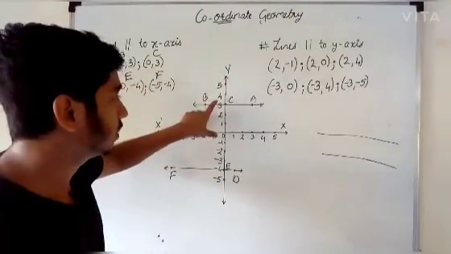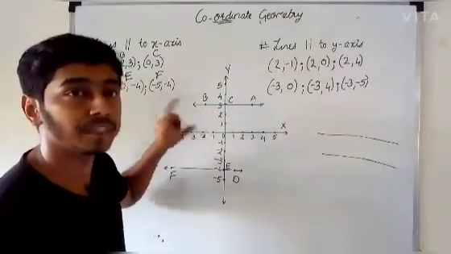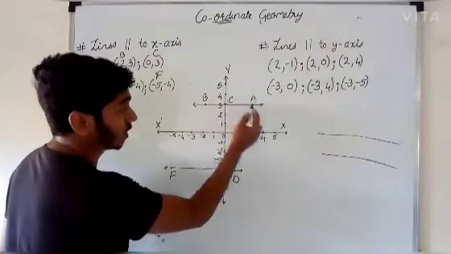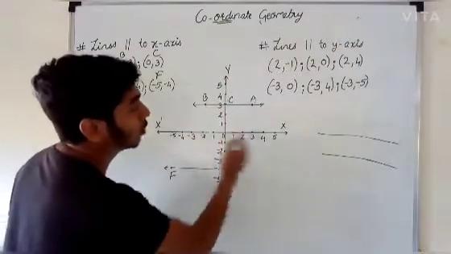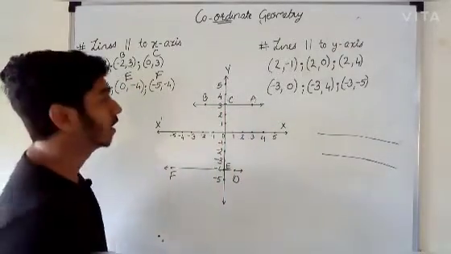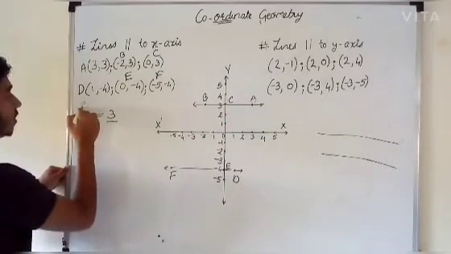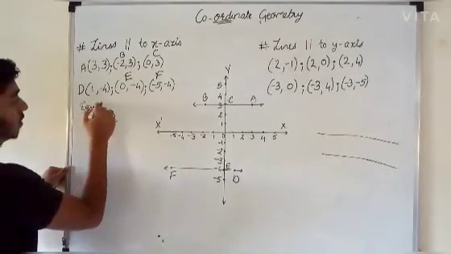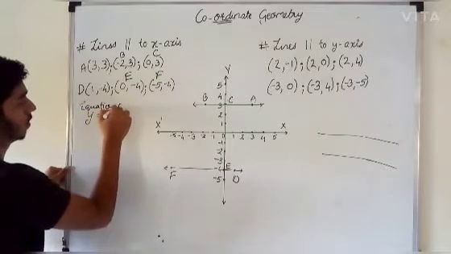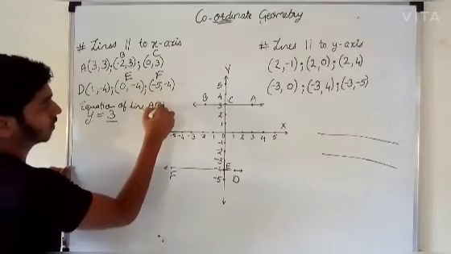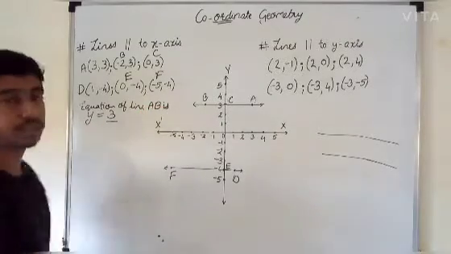So these 2 lines are parallel, therefore we can say that line AB is parallel to x-axis, correct? Therefore we can say that the equation of line AB is y equal to 3.